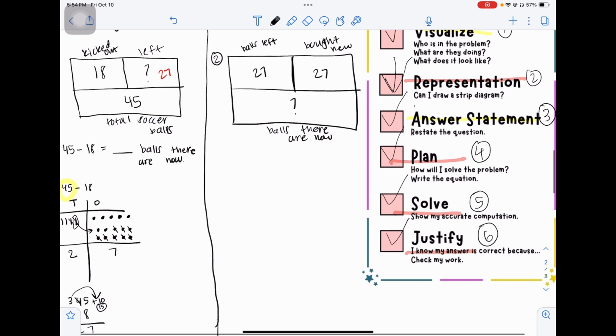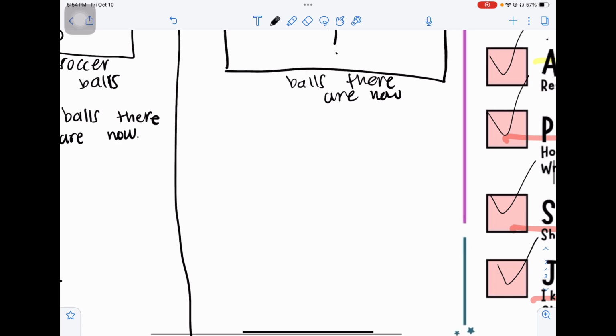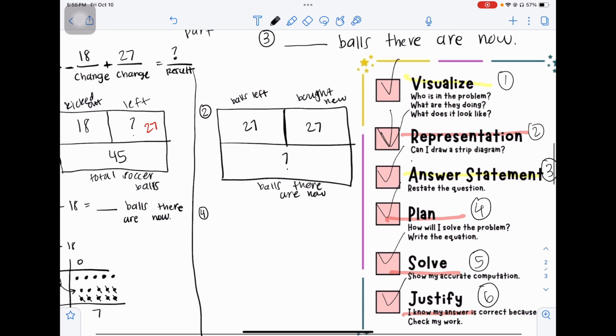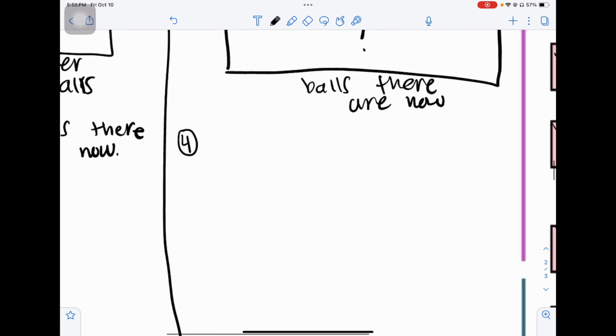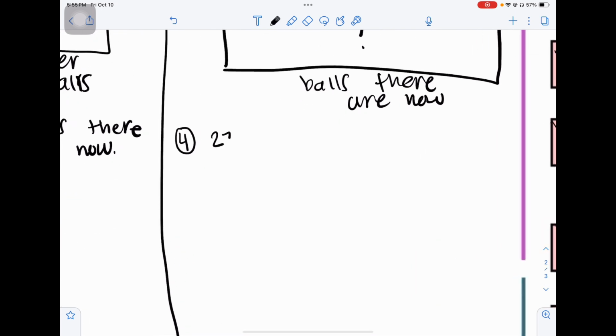Now I'm going to do my plan. Remember, the plan is going to be our number sentence, our visualization piece repeated again. So 27, right? 27 plus 27 equals blank balls left.